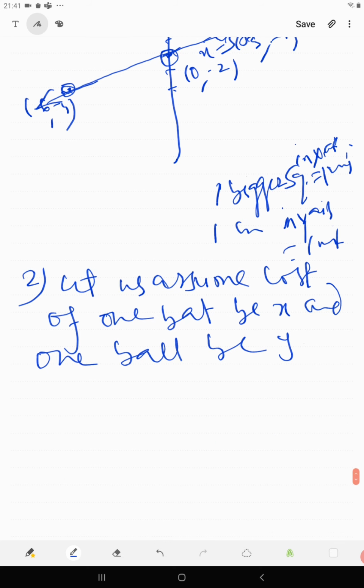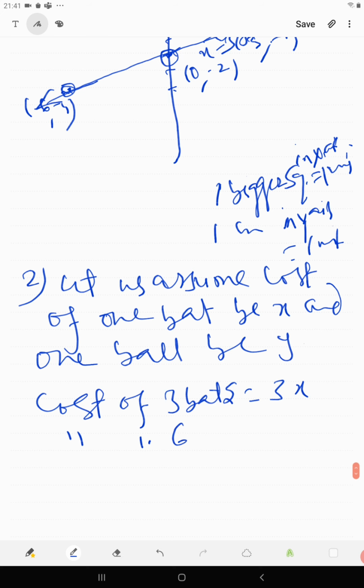So in this case, what will be the cost of 3 bats? The cost of 3 bats will be 3x and the cost of 6 balls will be 6y.